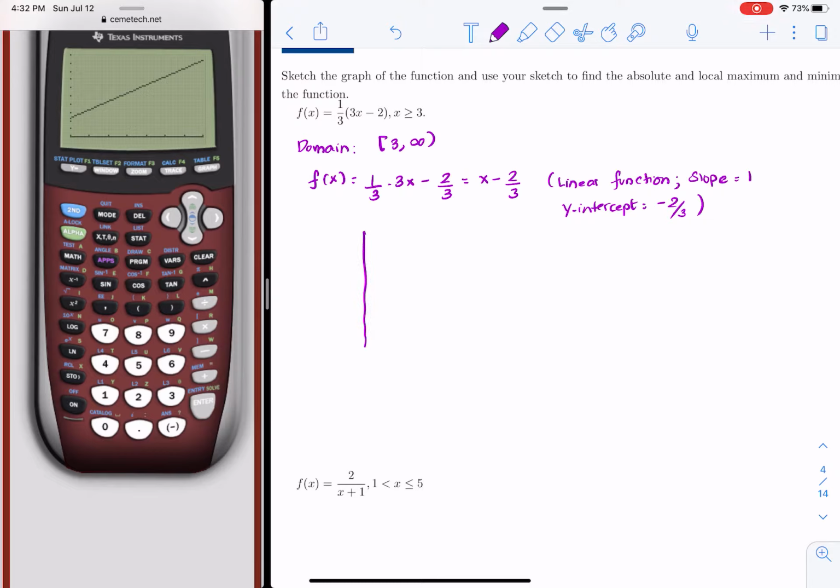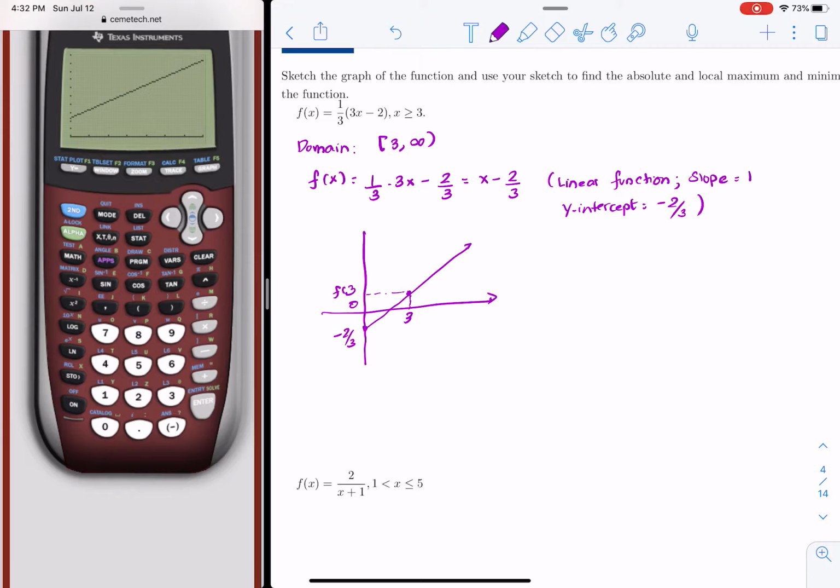So on the domain of the function, we start at negative 2 over 3 here, but that's not part of the domain, and it keeps on going. So that would be the point 3. Corresponding value would be f of 3. And it goes all the way up to infinity.